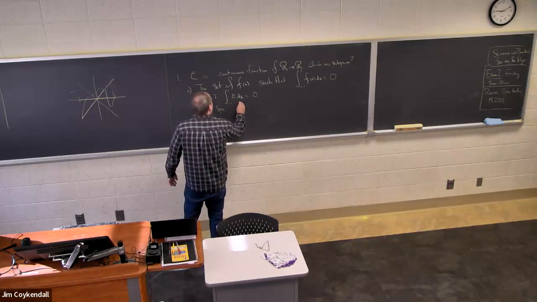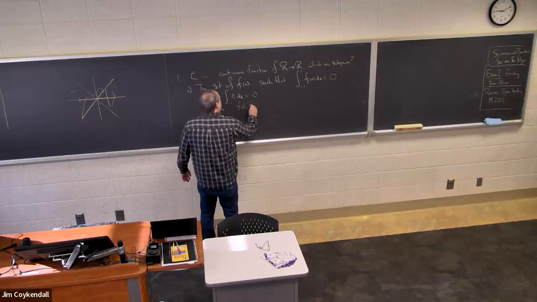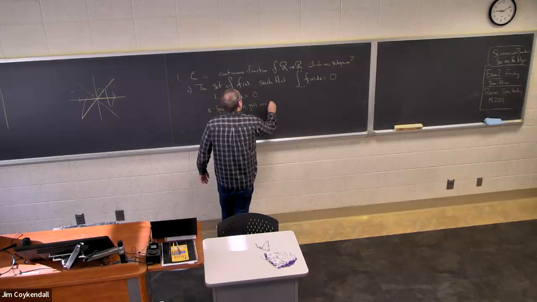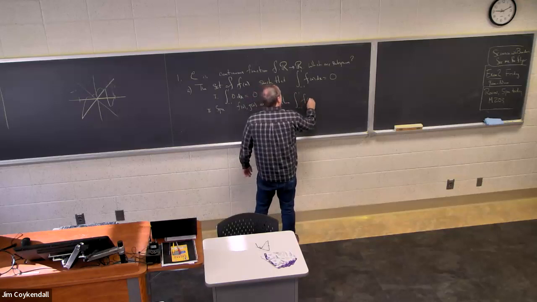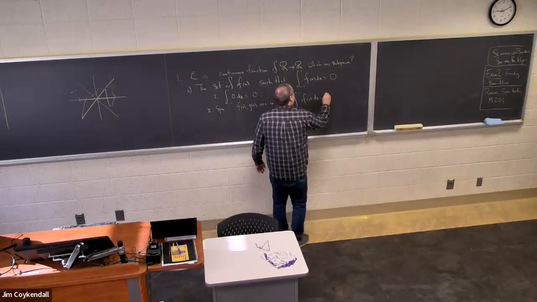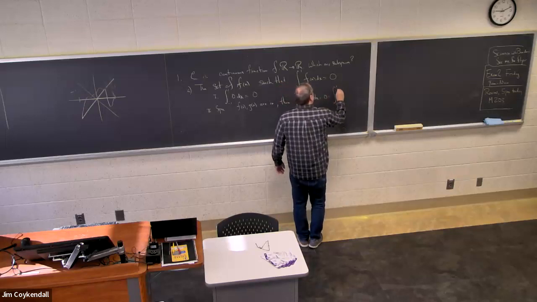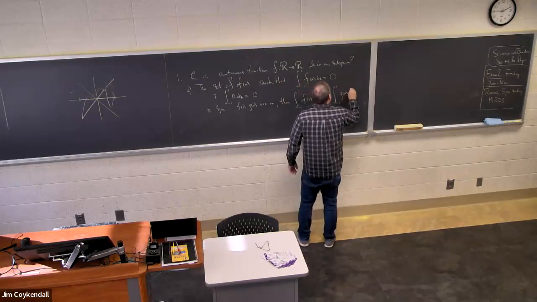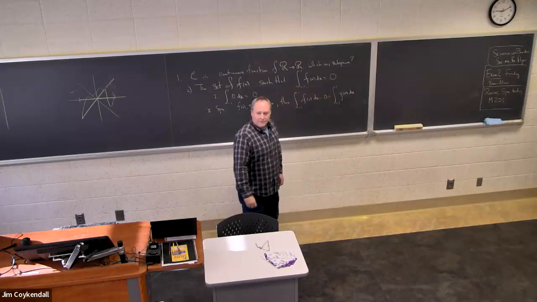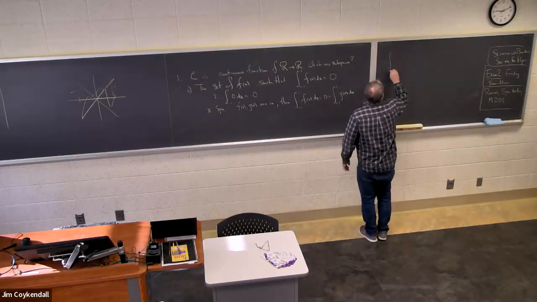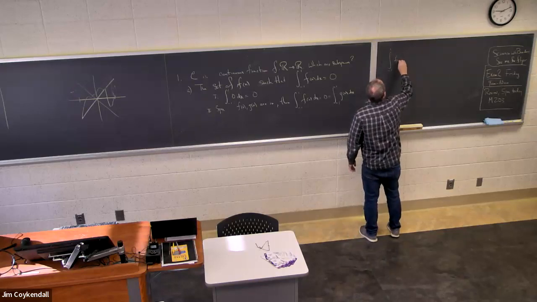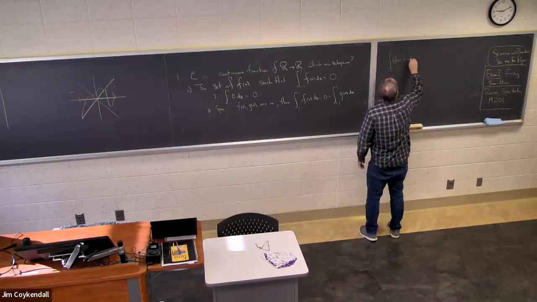Suppose f of x and g of x are in the set. Then the integral from minus one to one of f of x and the integral from minus one to one of g of x are both zero, correct? Well, let's look at the integral from minus one to one of f of x plus g of x.